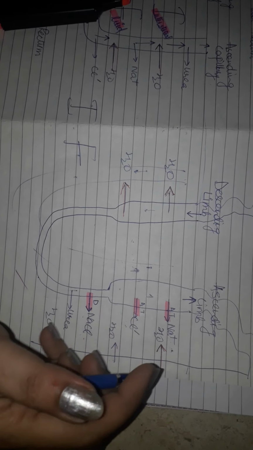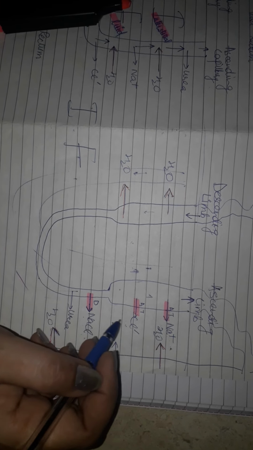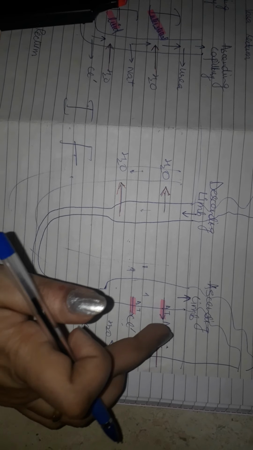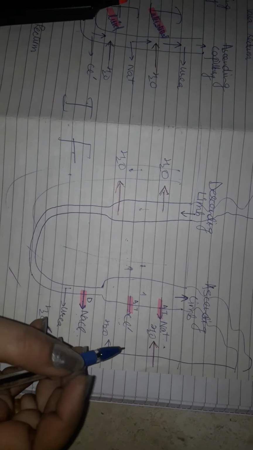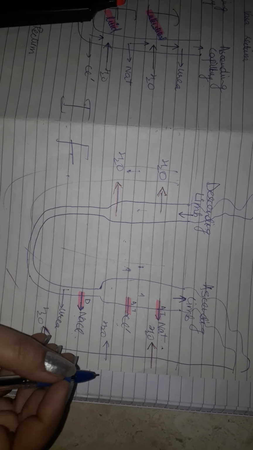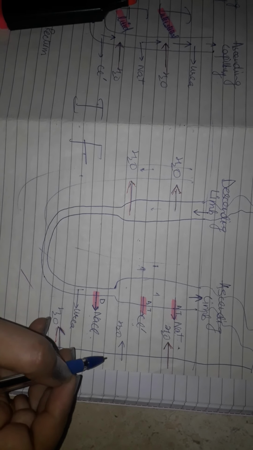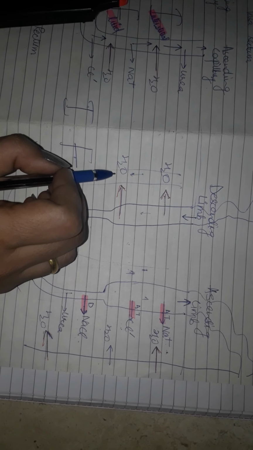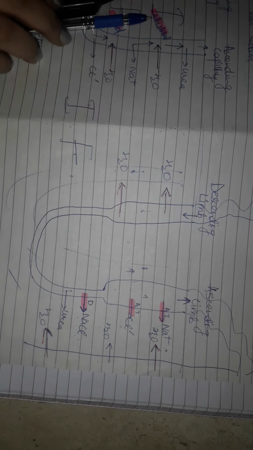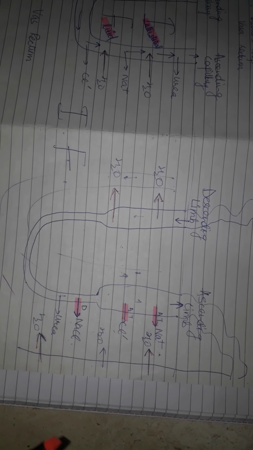Now, as a result, the concentration of the salt increases in the interstitial fluid. As a result, the water is drawn out from the collecting duct and the descending limb of loop of Henle into the interstitial fluid to maintain the balance of the salt.